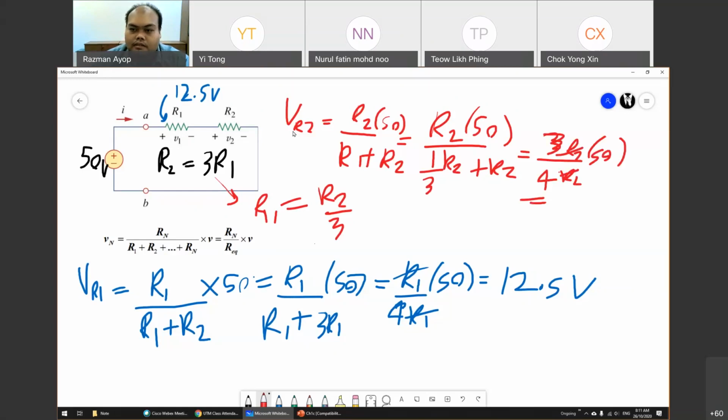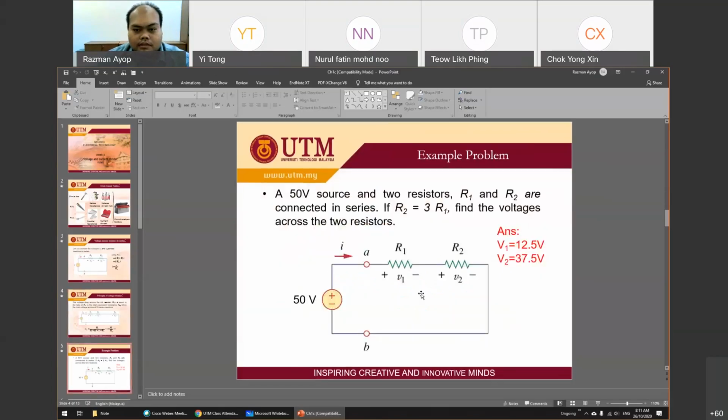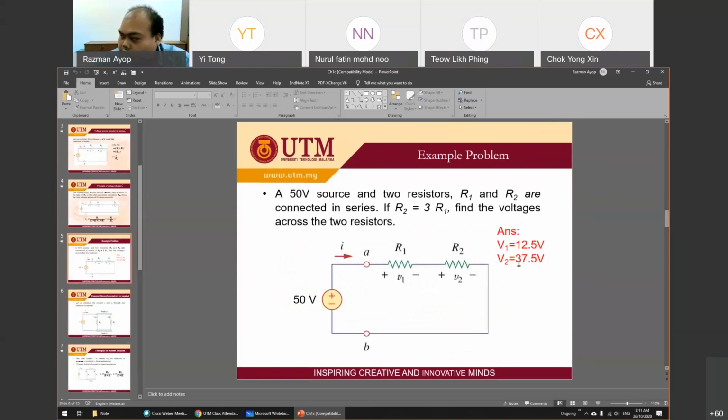Use your calculator and you get 37.5 volt. This is how you use the voltage divider rule. So this is the answer.